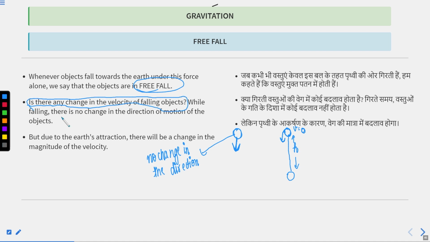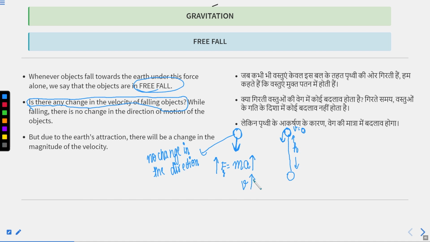As we know, this object is falling under the influence of the gravitational force, so there is a force associated with it, and force is equal to mass into acceleration. And when distance is decreasing, the value of gravitational force is continuously increasing. It means this object's acceleration is also increasing, and if acceleration is increasing, its velocity also increases.